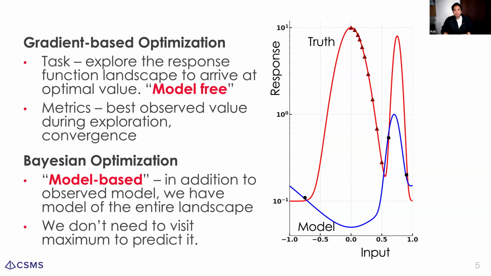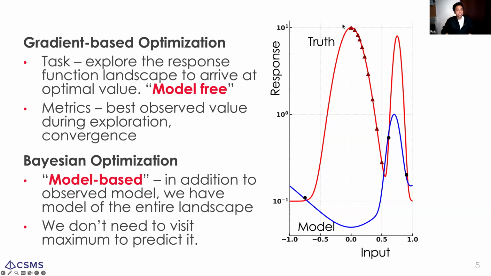In gradient-based optimization, because you're not holding extra information around in a model, you have to hope that you visited a good value along your hill climb, because the only information are the data that you actually see in your hill climb.